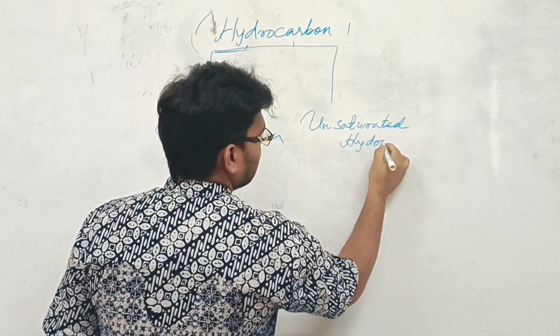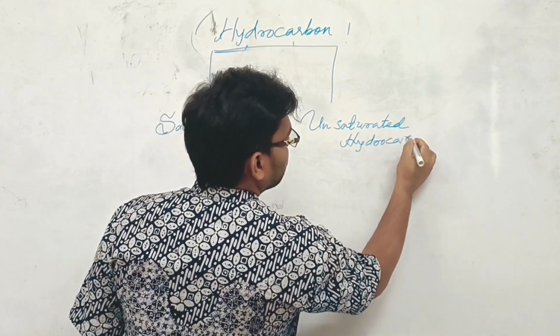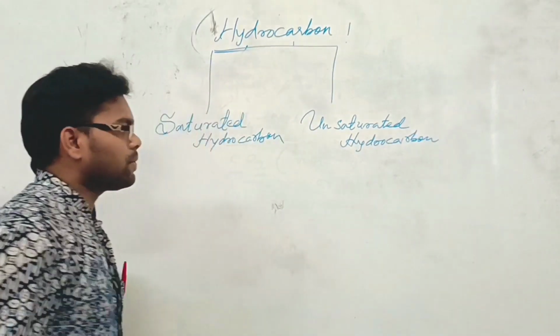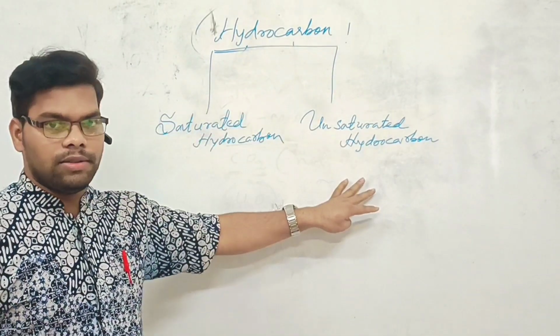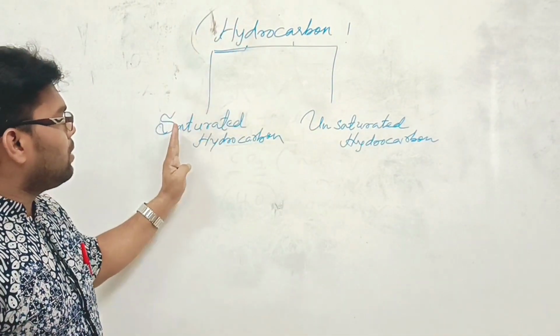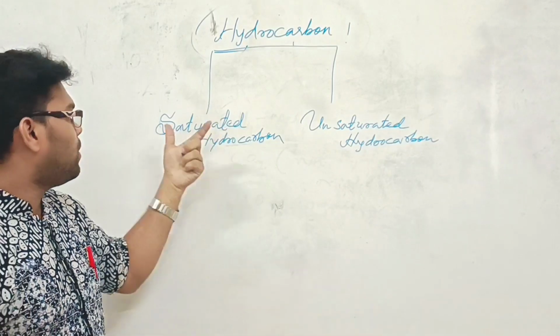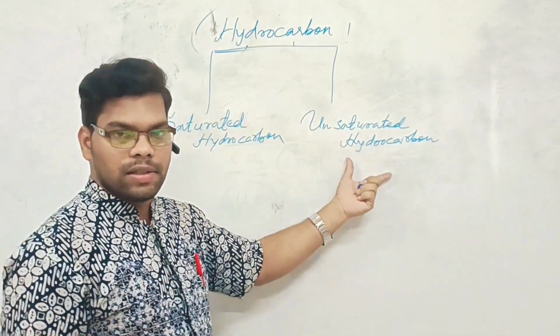Can you understand my letters? I hope you can understand. This is called saturated and unsaturated. So hydrocarbon can be classified into a couple of groups: one is saturated, another is unsaturated.